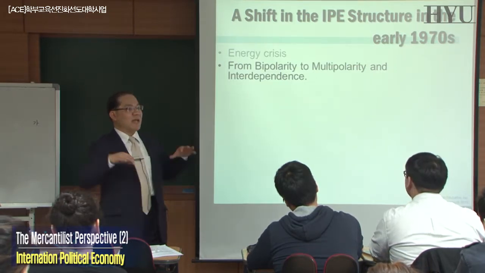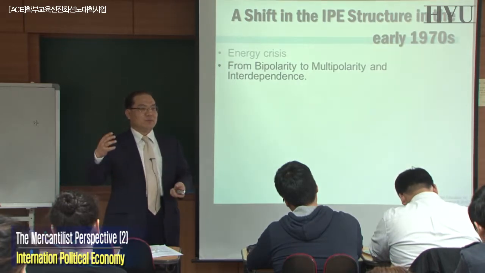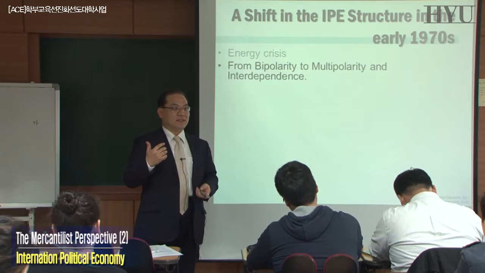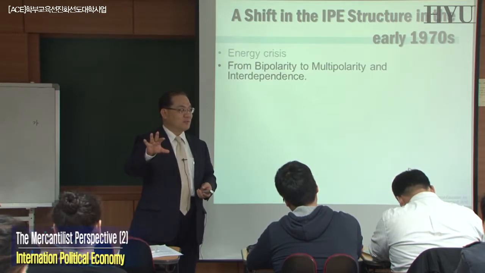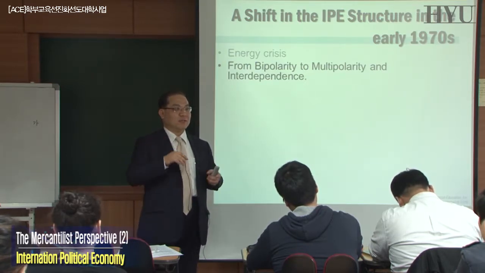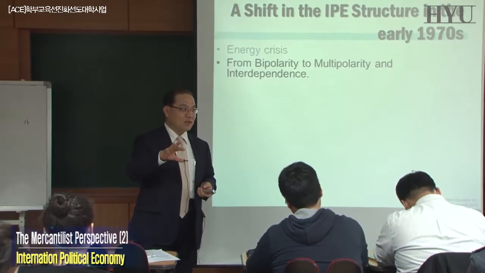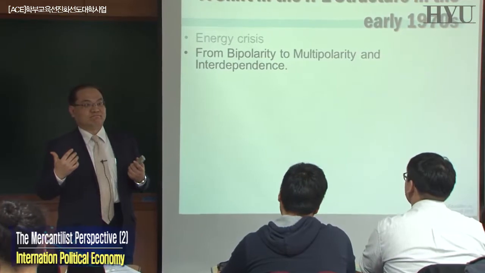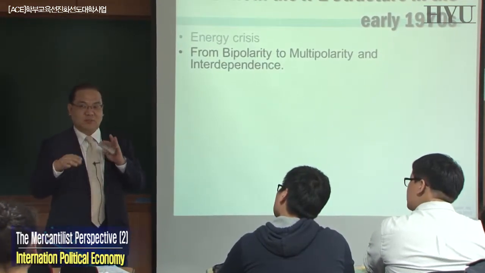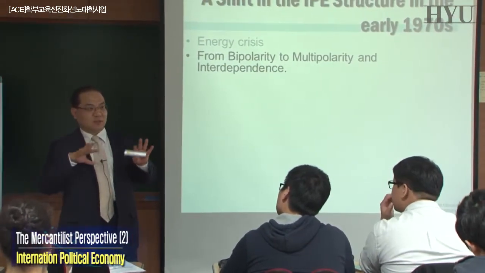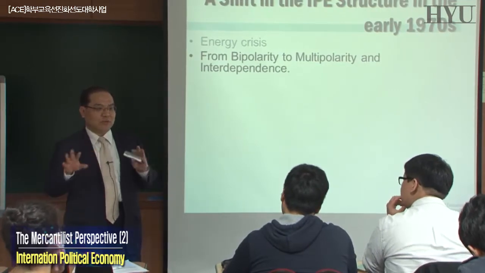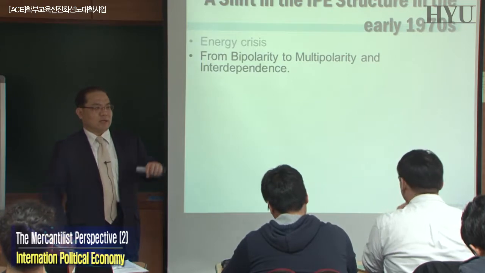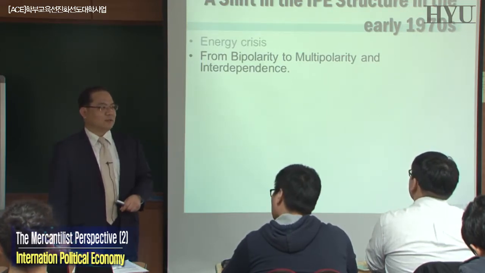It's multipolar and interdependent, and emerging countries, including OPEC countries, are raising their voice. That's what they mean. So the system becomes a little bit multipolar rather than bipolar. Soviet, US, bipolar. You have Saudi Arabia.